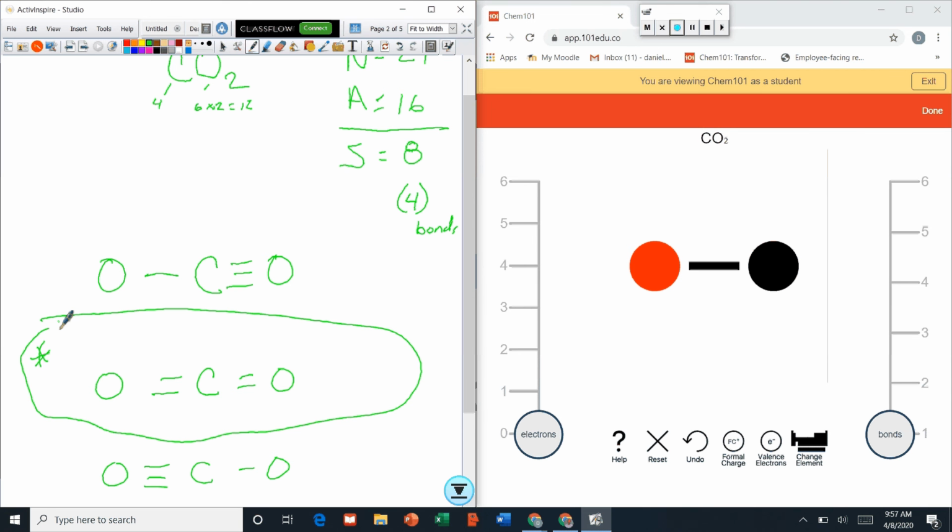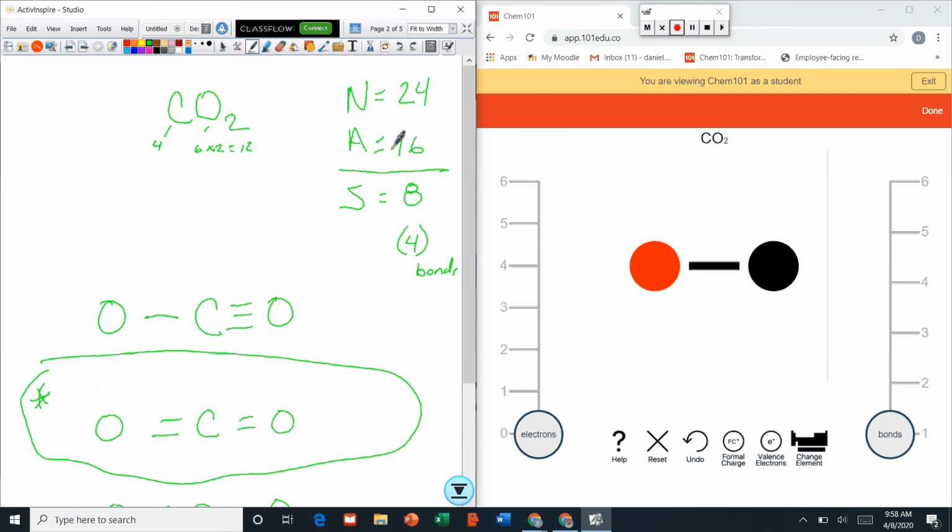All right. Right now, we're saying that we have 16 available electrons. We're only accounting for 2, 4, 6, 8. Carbon has an octet, but we need to get an octet around each of the oxygen. So I have 4 electrons around this oxygen, so I need to add 4 more.